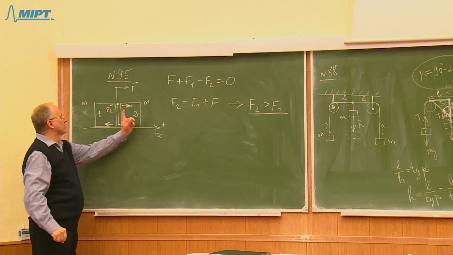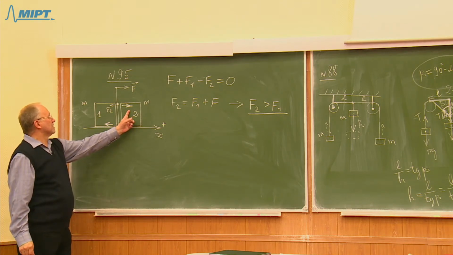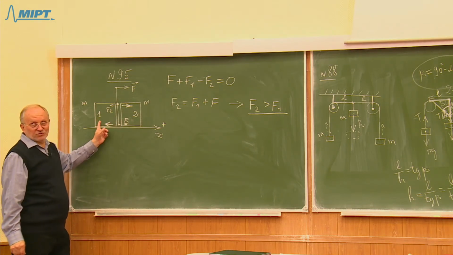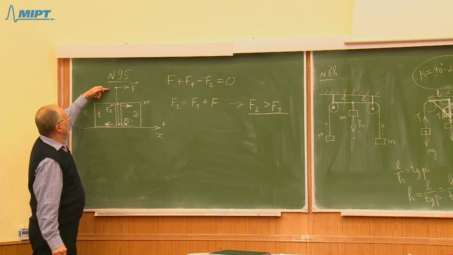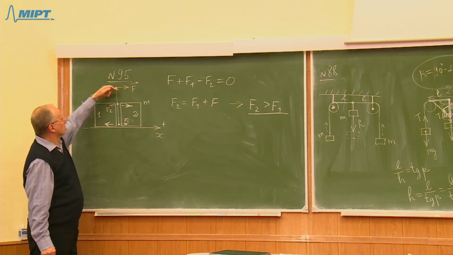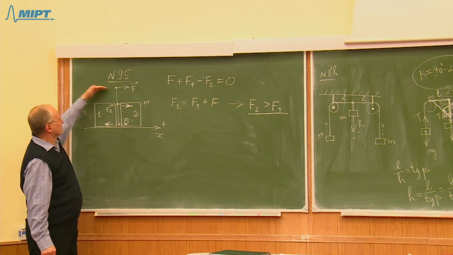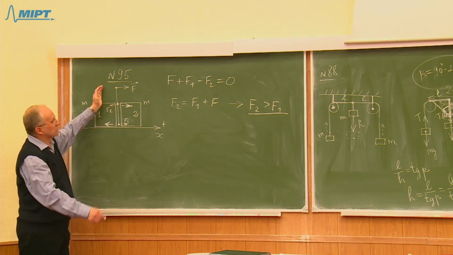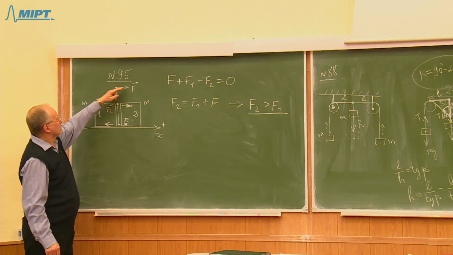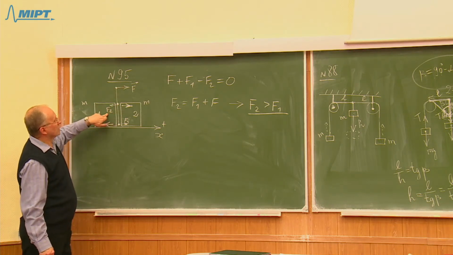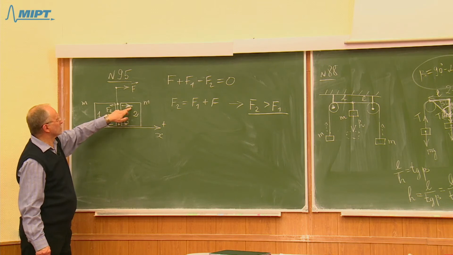The force acting on the second block is larger than the force acting on the first block. If I apply the force F to the upper end of the rod to the right, then the force F2 will be larger.